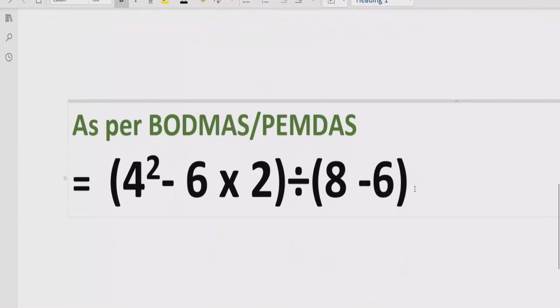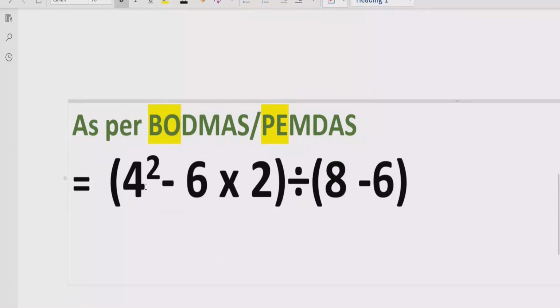According to the BODMAS and PEMDAS rule, first of all, we have to solve the bracket, which is this one. So first of all, we have to solve the first bracket, which contains two operations. One is minus and the other one is multiplication. But before solving these two operations, we have the exponent part in our expression.